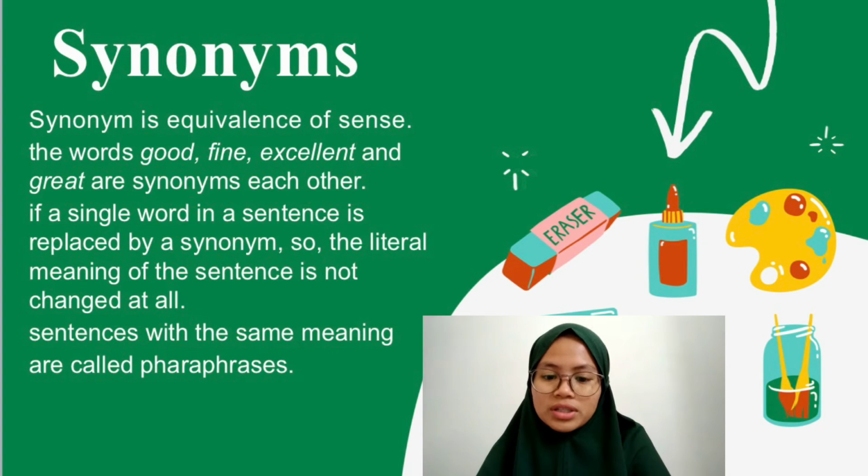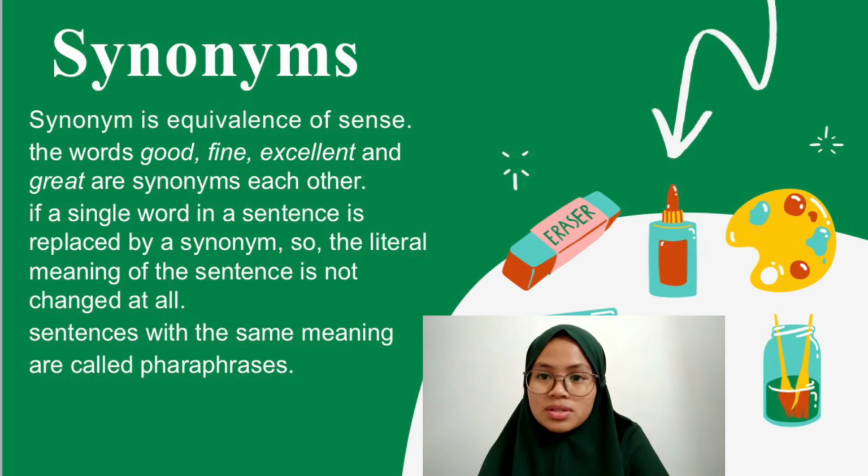If a single word in a sentence is replaced by a synonym, the literal meaning of the sentence is not changed at all. For example, if we ask a person, "How are you?" and then she says, "I am fine," or she would say, "I am good" or "great," it means the same thing, that she is okay, she is good.